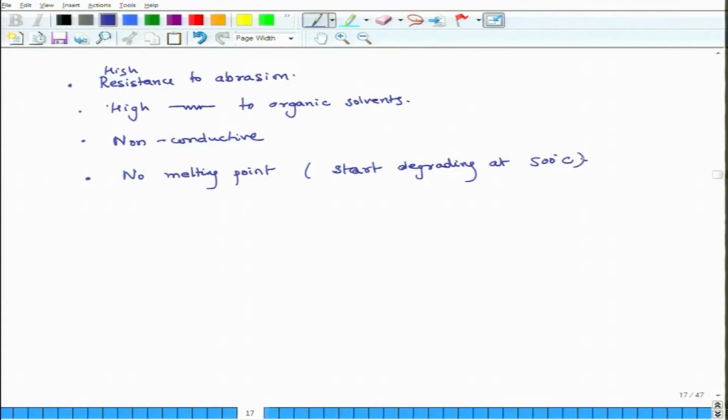So, suppose you have to make some brake liners, there is a lot of friction there and you want wear resistance. You can put in Kevlar there and it will be stable up to 500 degrees centigrade. So, that is a very strong advantage. So, very stable material, low flammability.